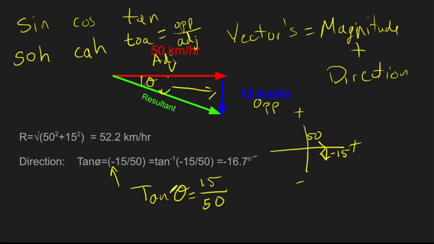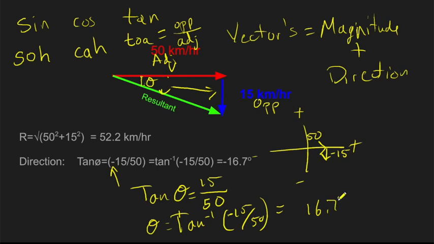For me to solve for theta, I have to get that tangent to the other side, and to do that I take the inverse tangent of 15 divided by 50. That gives me this angle of 16.7. If I use the negative 15, it gives me an angle of negative 16.7.